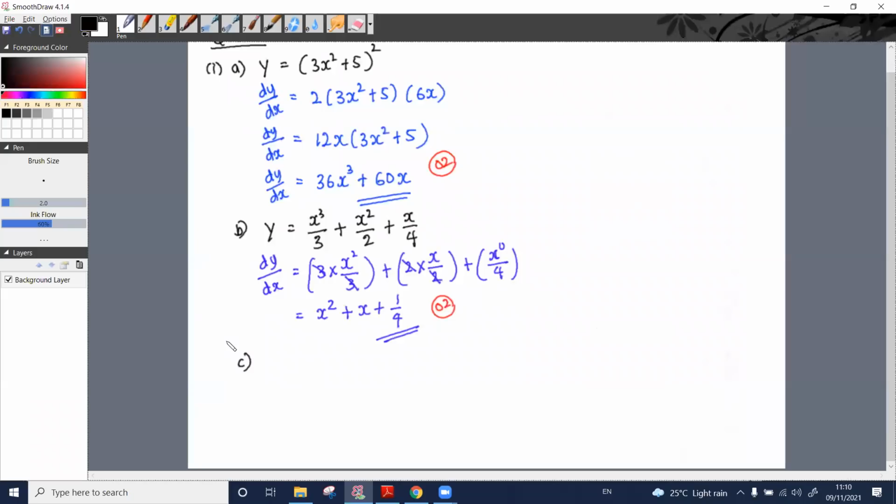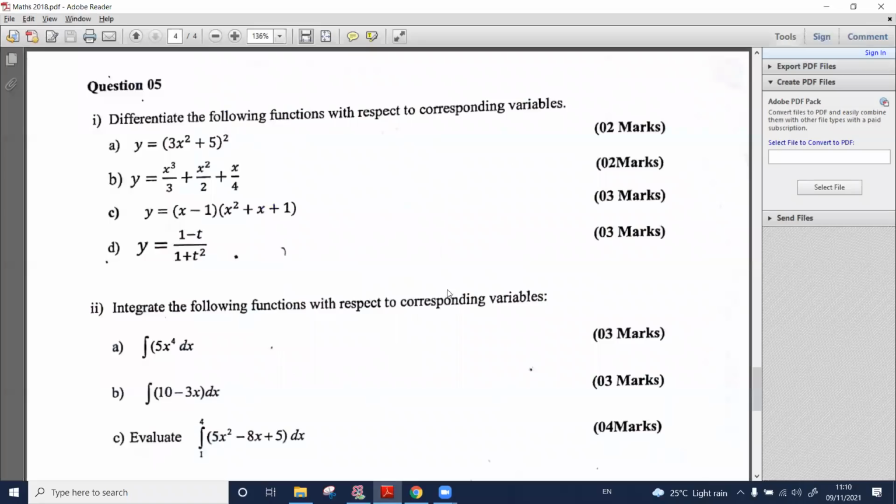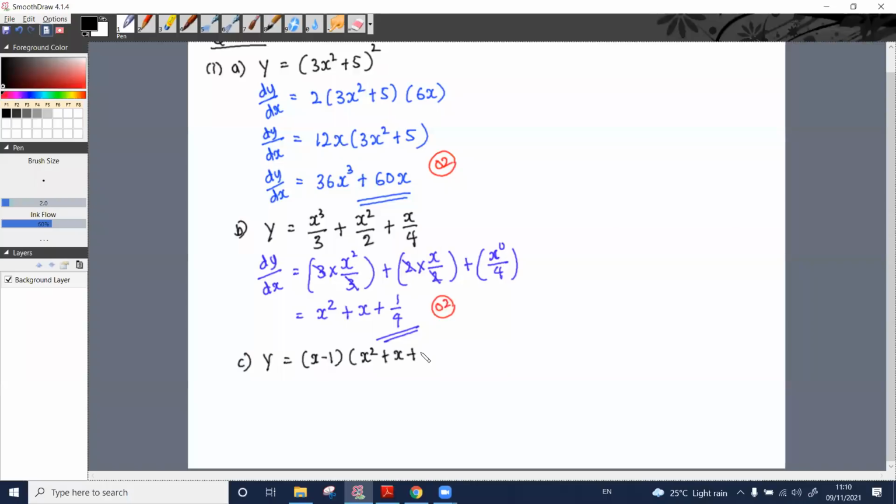Part C. Y equals x minus 1 into x squared plus x plus 1. We need to differentiate this one. dy by dx.